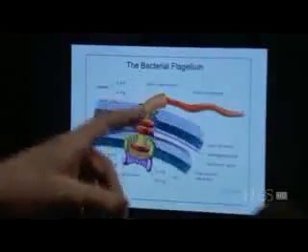I think the most visually striking example of design is something called the bacterial flagellum. Now, this is a figure of a bacterial flagellum taken from a textbook, which is widely used in colleges and universities around the country. The bacterial flagellum is quite literally an outboard motor that bacteria use to swim.